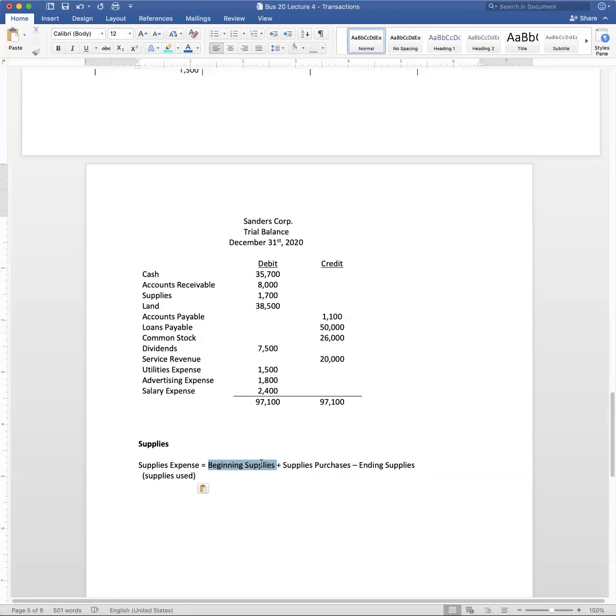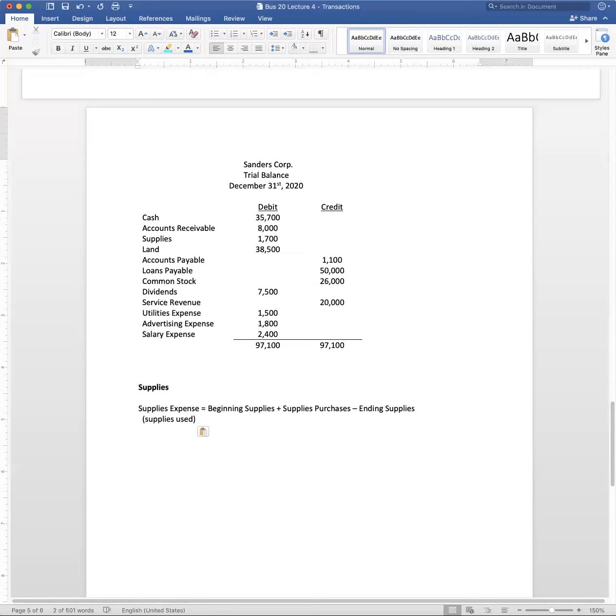So we take all those supplies that we had, the beginning amount plus our purchases, and we take the difference compared to the ending supplies. So the beginning of the semester and everything they purchased, we take all that and compare against what's left at the end. And the difference between what we had and what's left is what we used, the expense. Okay.